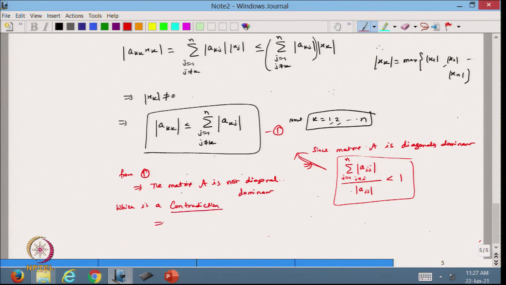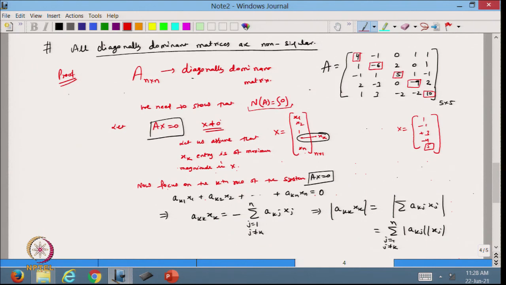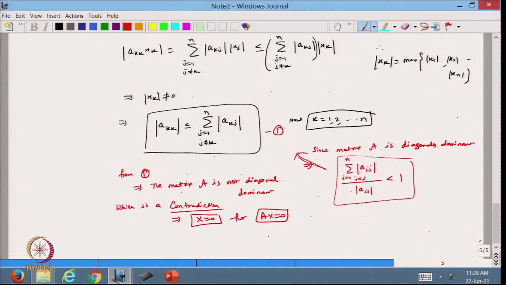So, which implies that Ax is equal to 0, and this is a contradiction, which implies that x should be equal to 0 for Ax equal to 0, because we started with Ax equal to 0 and assumed that x is not equal to 0, but from here we got a contradiction, meaning our assumption was wrong.